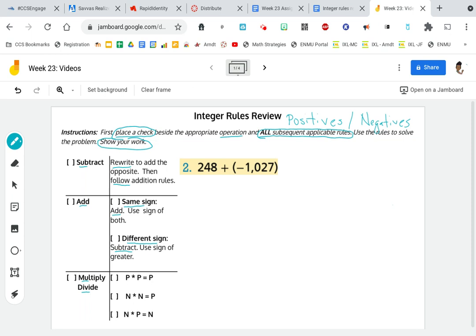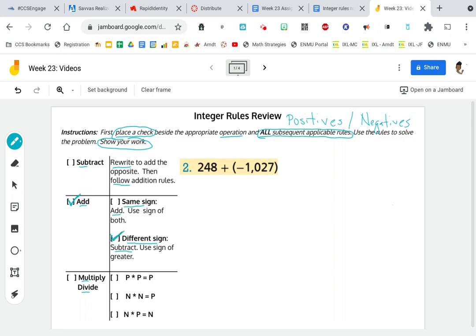For instance, number two, we are adding. It says 248 plus negative 1027. So we are adding, and I'm going to put a check beside add. Now notice the 248 is positive, but the 1027 is negative. So these two numbers have different signs.